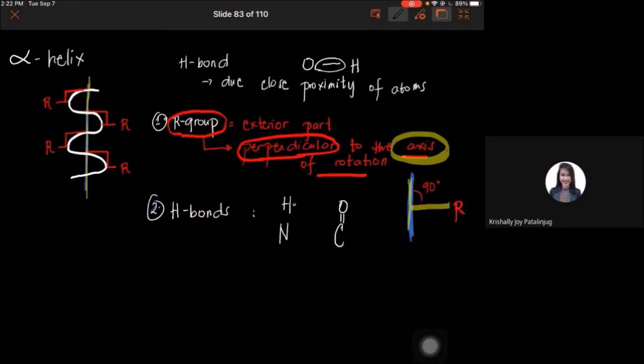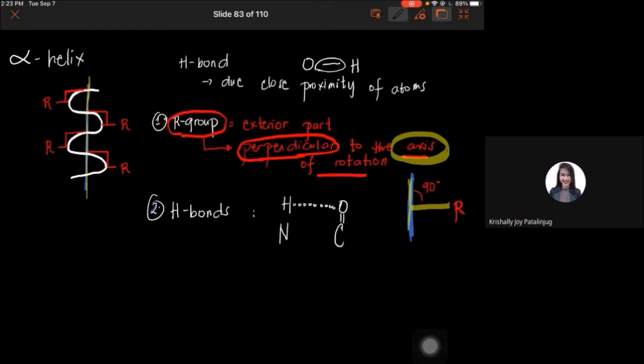So, kumbaga dito nabubuo yung hydrogen bond. Now, with regards to the hydrogen bond, we have to know here the interval. Okay, kailan nabubuo yung hydrogen bond sa alpha helix. Okay? Sa mismong polypeptide chain na naka-alpha helix yung structure, kailan nabubuo yung hydrogen bond.